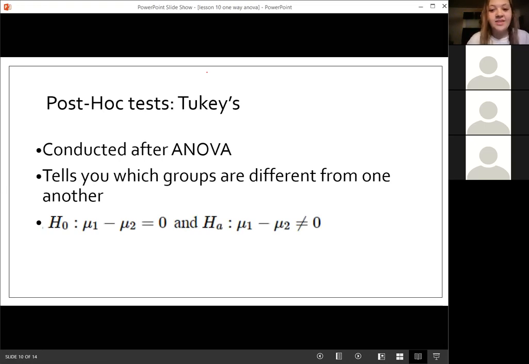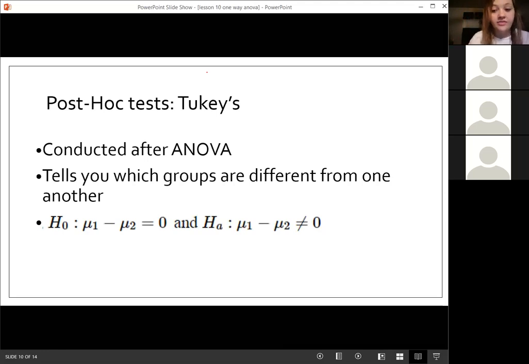And then something else that relates to ANOVA is a post-hoc test, and we often talk about Tukey's. Basically, this is conducted after you do your ANOVA, because your ANOVA tells you whether there is a difference between the means or not. And then the post-hoc test tells you specifically which groups are different from one another.